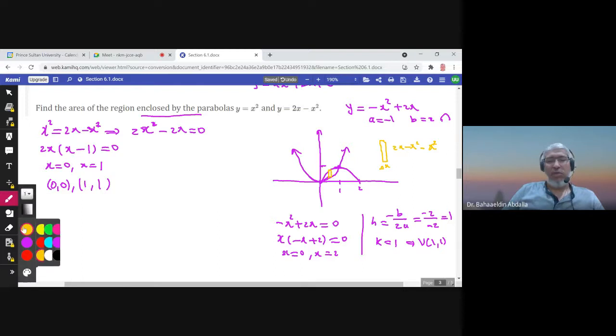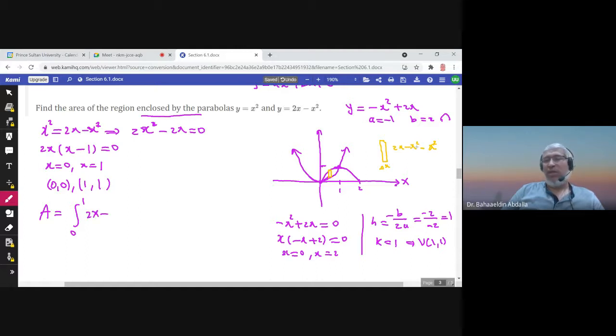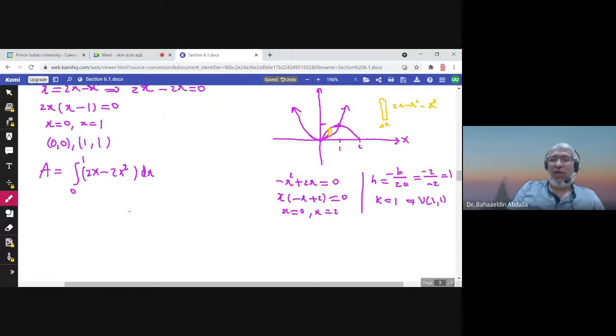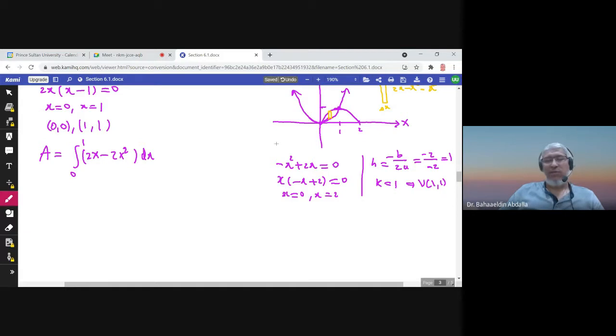So the area between the two curves would be the integral with x from 0 to 1 of the length of the rectangle, which is 2x minus x squared minus x squared, that's 2x minus 2x squared, dx. So this integral will give you the area of this region.